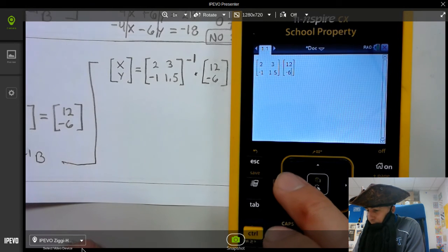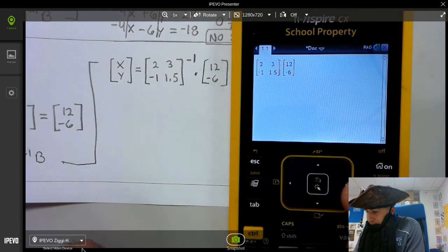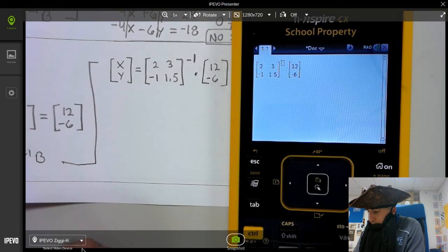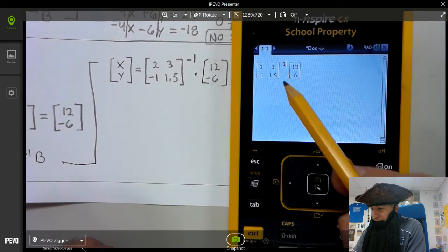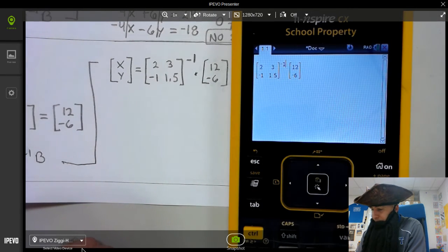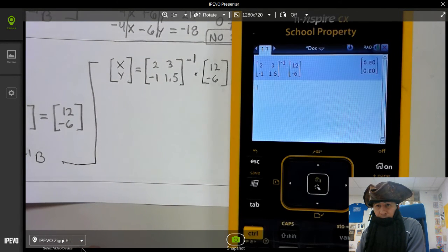All right. I'm hoping that you see that I forgot to do the negative 1. Because remember, this is A inverse B. Now that we have it, you see a very interesting answer.